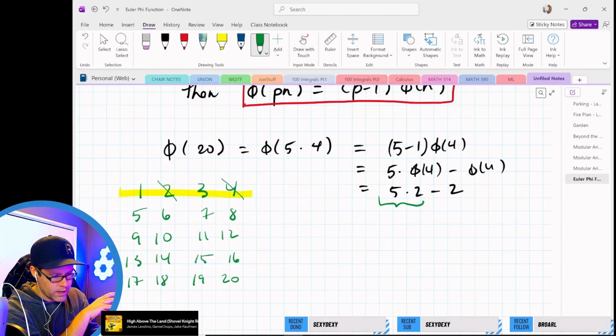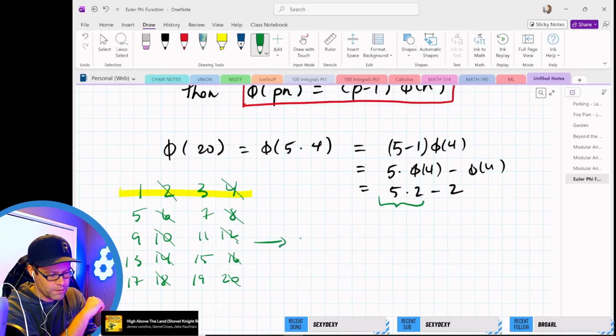That's going to be the 1 and the 3. And the 5 times 2 represents removal of all of these things, right? So everything that's left over should be 5 times 2. In other words, the 5 times 2 comes from looking at 1, 3, 5, 7, 9, 11, 13, 15, 17, and 19.